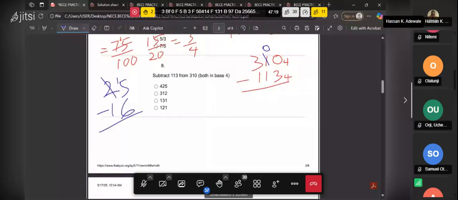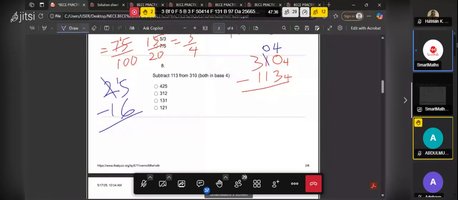How will 1 plus 5 turn to 15? It means they added 10 because they are working in base 10. In this case, we are going to add 4. So 4 minus 3 will become 1. If this were base 3, it should be 3 that we add. Hope that is clear.